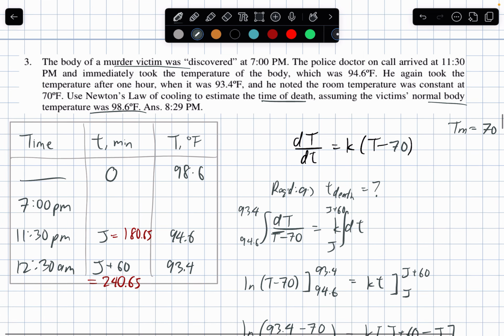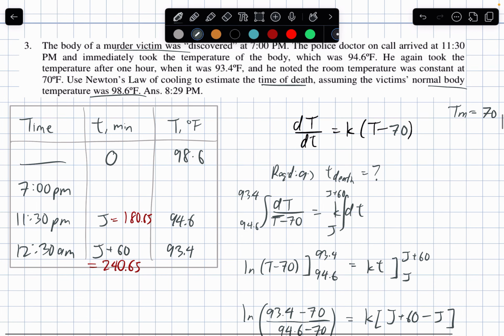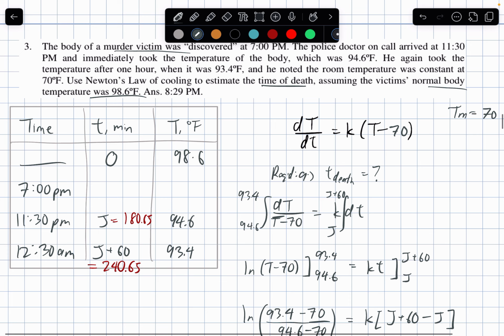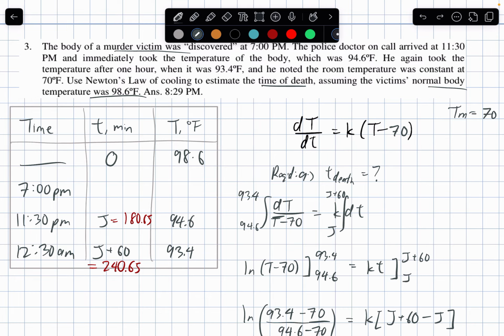7 p.m., the body was discovered. When was the time of death? Do you think that the time of death is the same as the time when the body was discovered? It could be, but in this case there is no evidence to point that out.